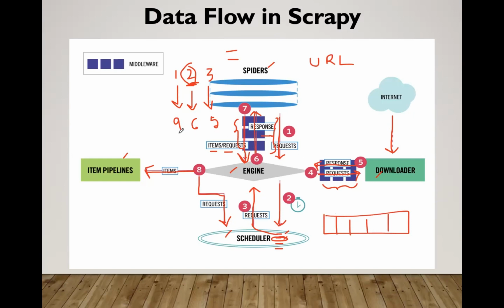So all these requests will be added to this queue, and whenever the engine asks for a request, it will send that request to the engine like this. That is the reason why the scheduler is considered one of the most important components in Scrapy.